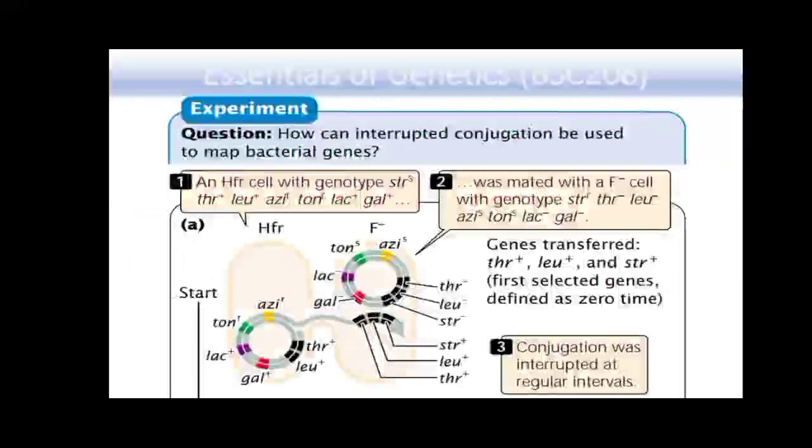So they used interrupted conjugation for mapping the genes of these two cells. In their experiment, they performed the conjugation and interrupted it at different intervals.